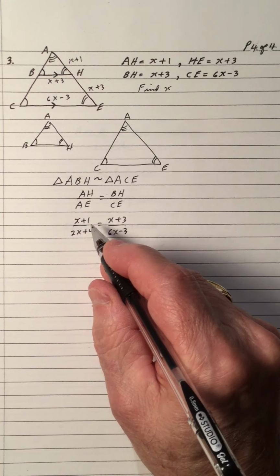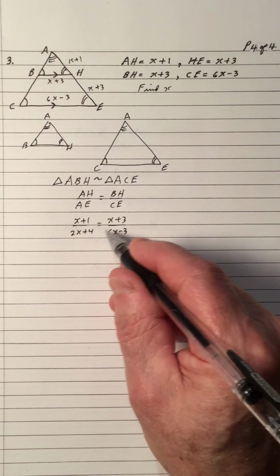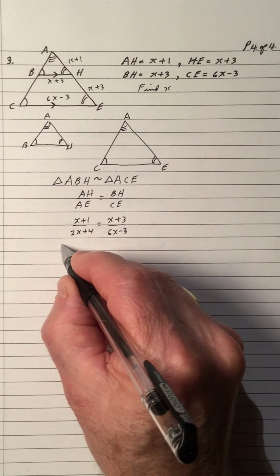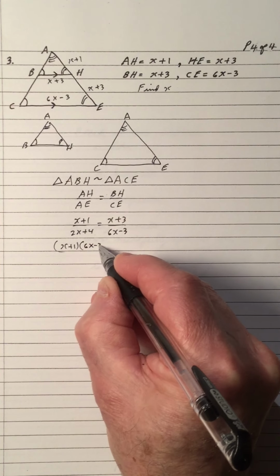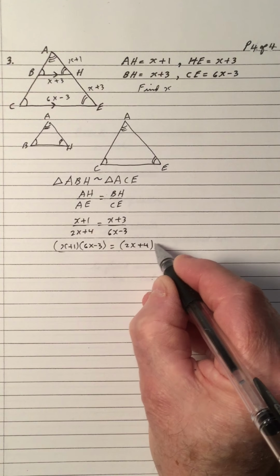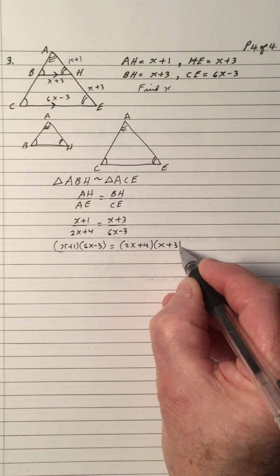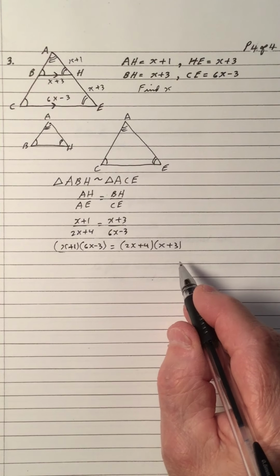So notice again we have rational expressions, two fractions equal with polynomials in the denominator. So what we do here, we go x plus 1 times 6x minus 3 is equal to 2x plus 4 times x plus 3. We cross multiply. Because there are two fractions equal, we can cross multiply.